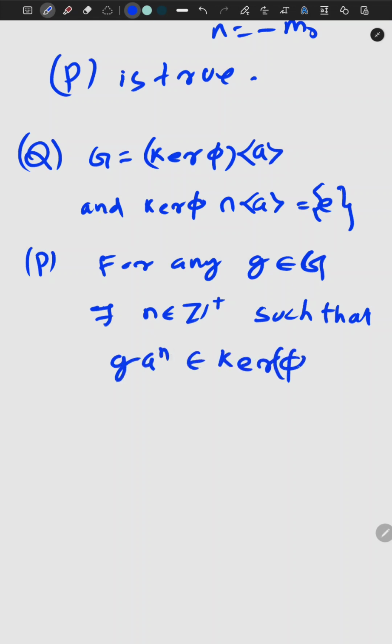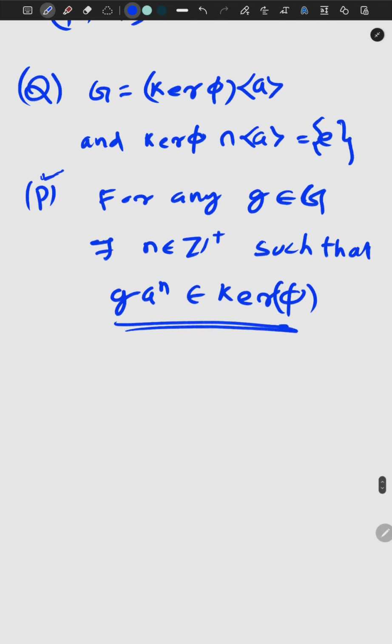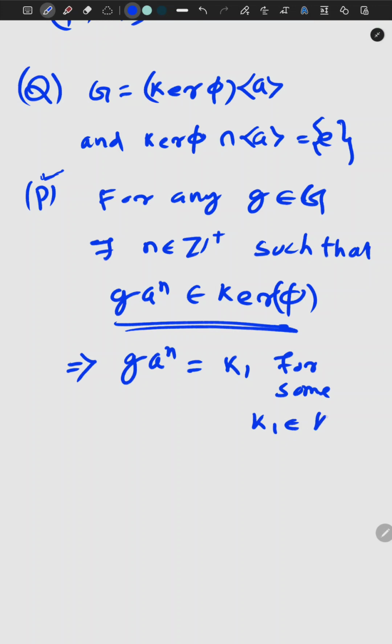We have shown it recently, in the part to prove the truth of P. So this implies that g a to the power n equals k1 for some k1 belongs to kernel phi.